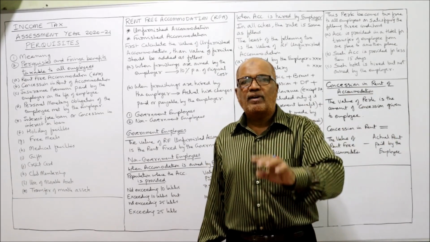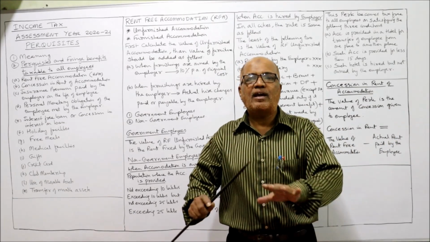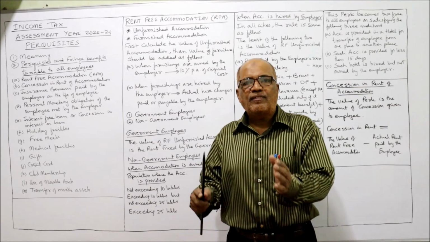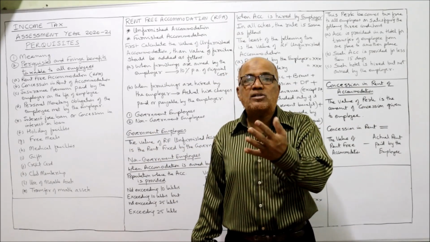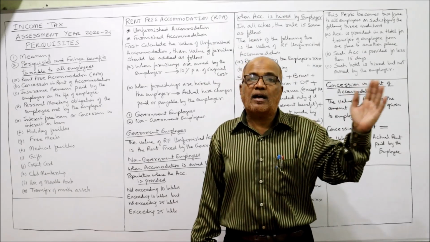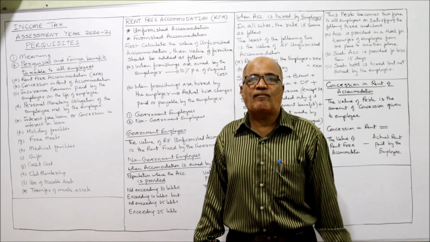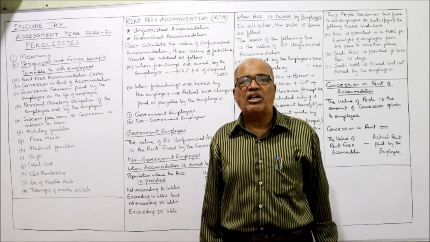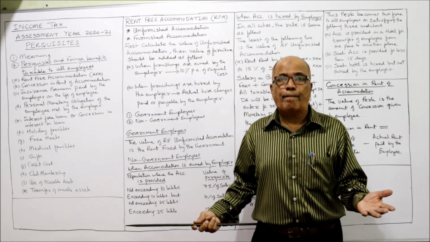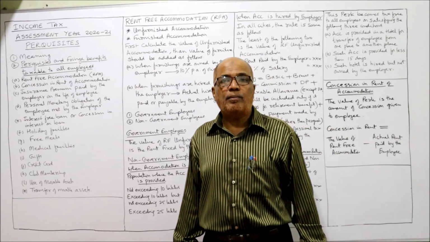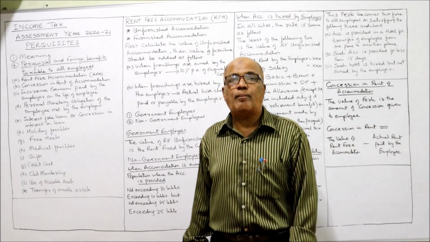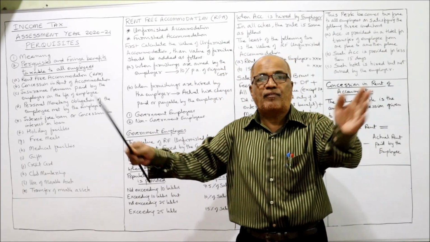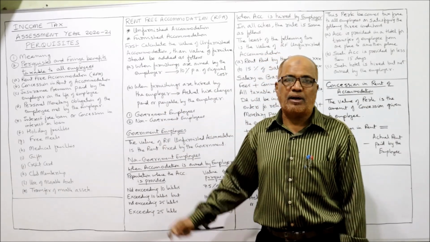The company has given him a flat free of rent. That means if he had taken a flat on rent, he would have to pay the rent, but he has not taken the flat on rent. The company has provided him the flat without charging any rent. So it's a benefit to the employee because he is using accommodation which belongs to the employer.